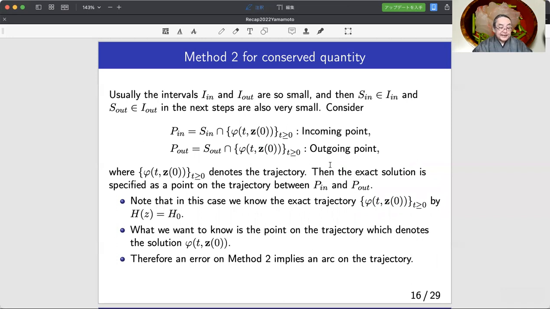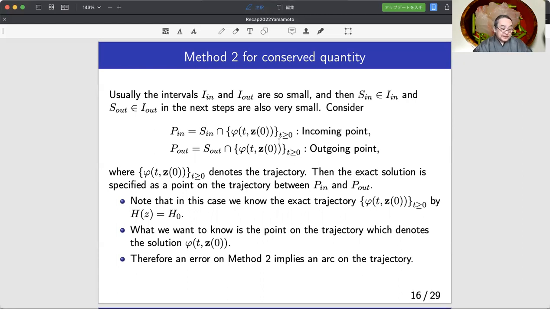Now consider P in as the incoming point and P out as the outgoing point, where this set denotes the trajectory. Then the exact solution is specified as a point on the trajectory between P in and P out.